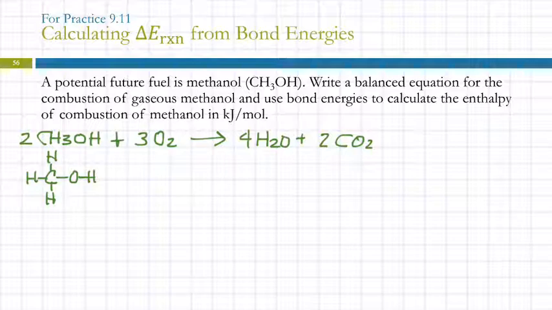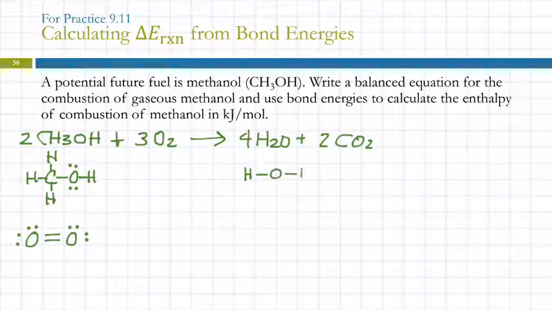Let's make this a little smaller. For oxygen, oxygen has a double bond, and then each of these is going to have 2 lone pairs. And then over here we're forming H2O. And CO2.